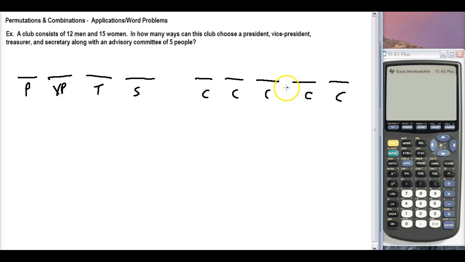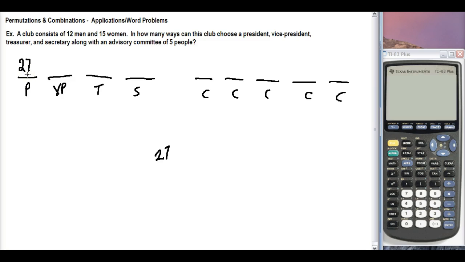Okay, so since we have 12 men and 15 women, the total that we have is going to be 27. So when we go to select the president, we're going to pick one person out of the whole group of 27. So when we start this, we have 27 choices.